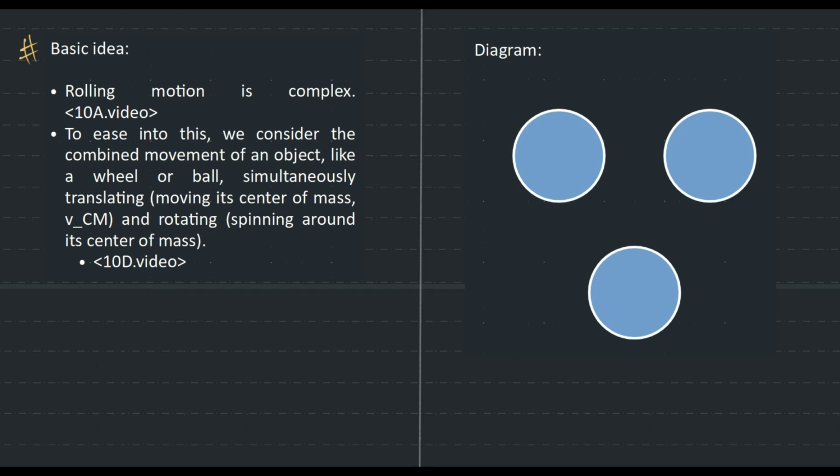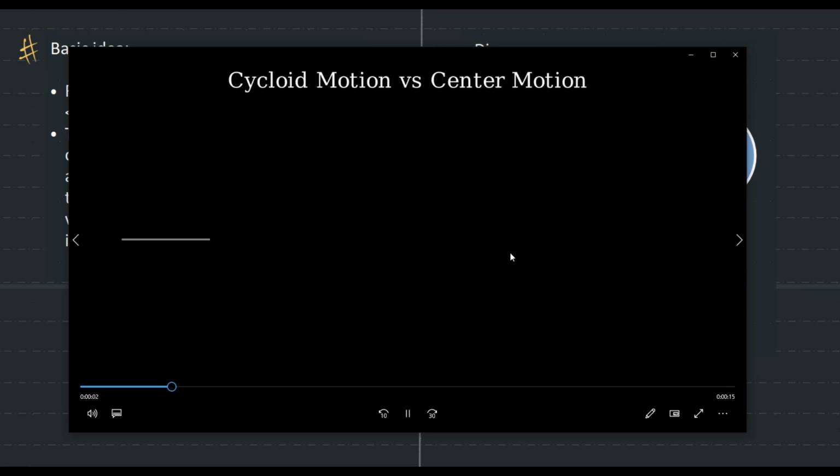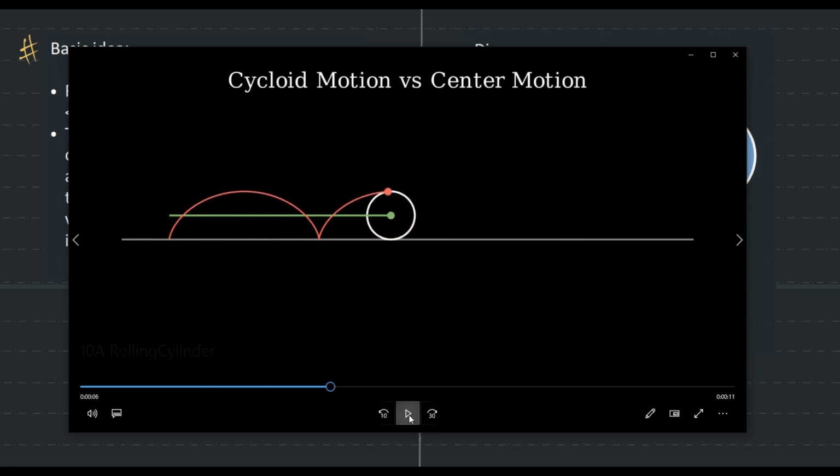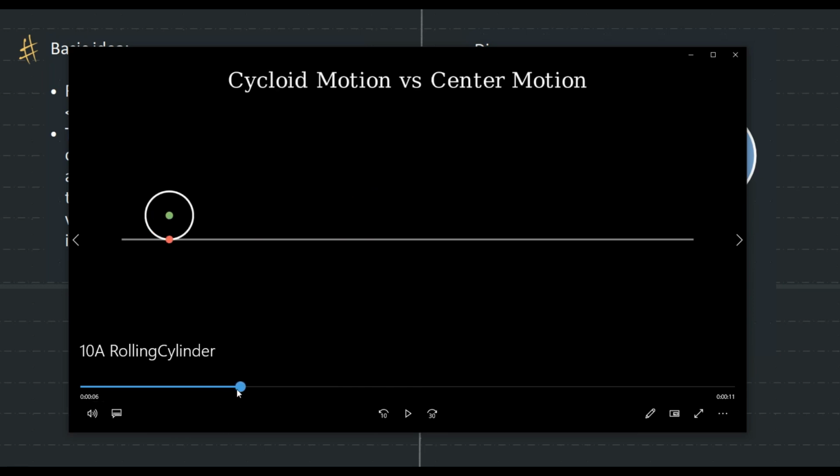Rolling motion is quite complex actually, so let me show this. This is a rolling motion. Before I start, that's a wheel that is about to roll.